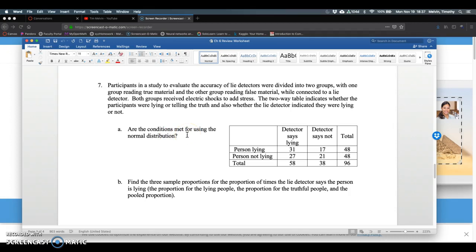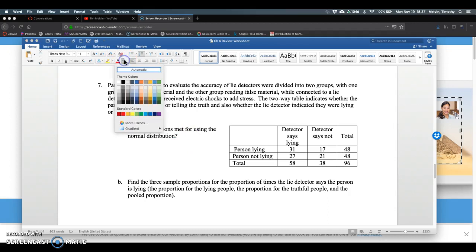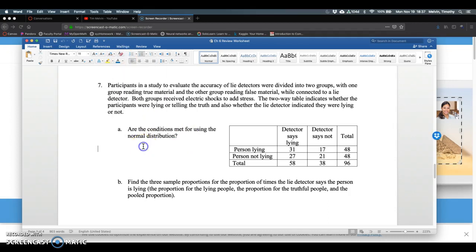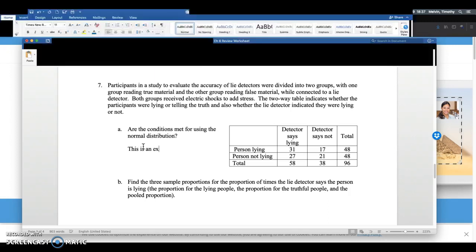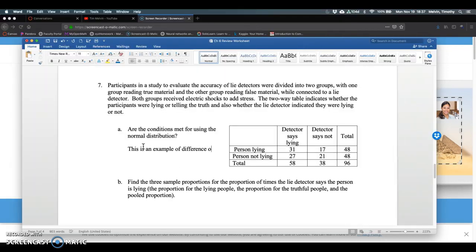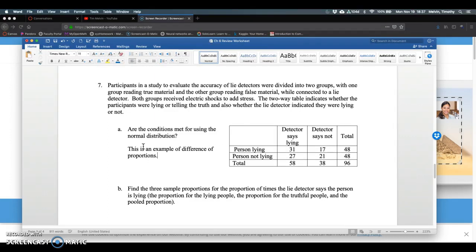All right, so this is an example of a difference of proportions, because we want to determine if the lie detector is accurate or not, if the person is lying.